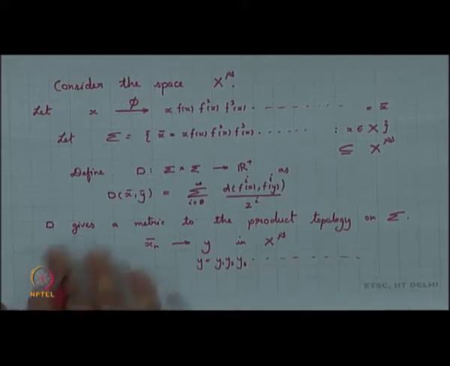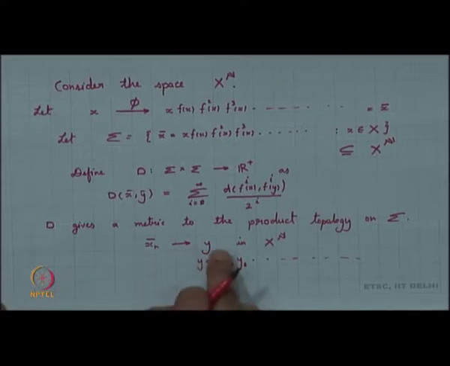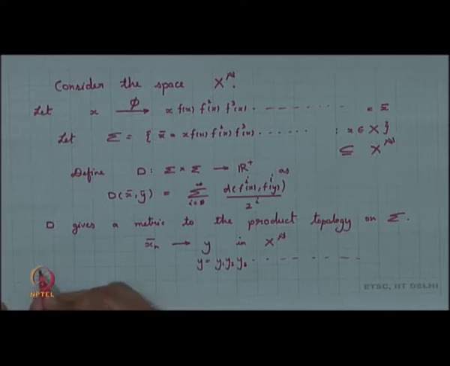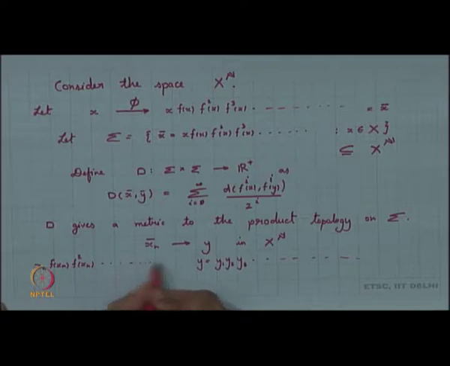Now, my x n bar is converging to y. That means I can write my x n bar as (x n, f of x n, f square x n, and so on). Now, this is converging to this particular point.